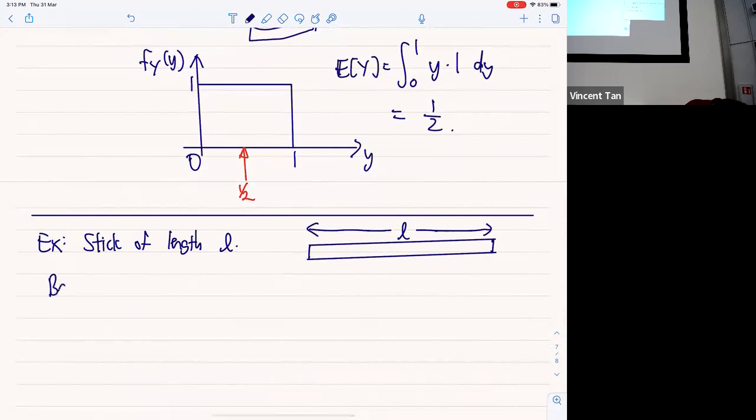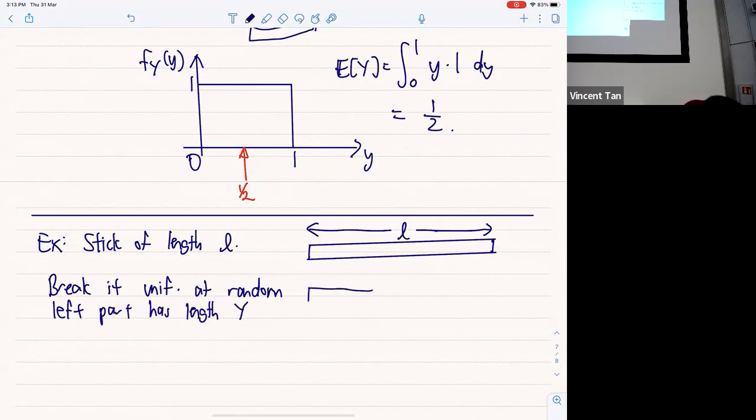Now, we are going to break it uniformly at random, at a uniform point. And the left part has, of course, a random length. We're going to call it Y. So we broke it, and the left part is still pretty long. That's just a realization. It's not necessarily halfway.